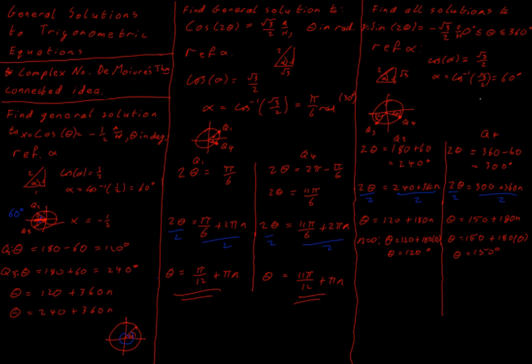So 120 and 150 are valid solutions, but we can keep going. They're inside our range. So let's see if we can get another bunch of solutions that are inside our range. So when n is 1, we have theta is equal to 120 plus 180 times 1. We add that up and we get 300 degrees. And we do likewise, n is equal to 1, so theta is equal to 150 plus 180 times 1, we get 330 degrees.